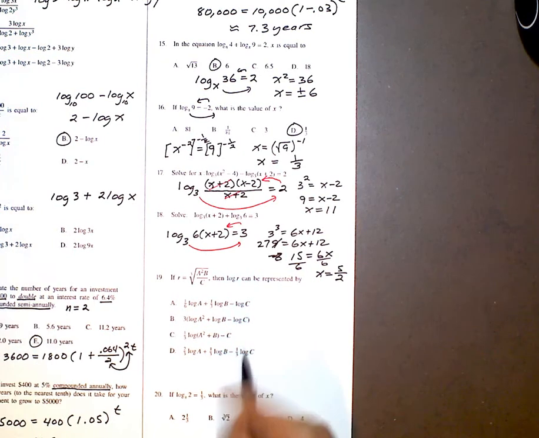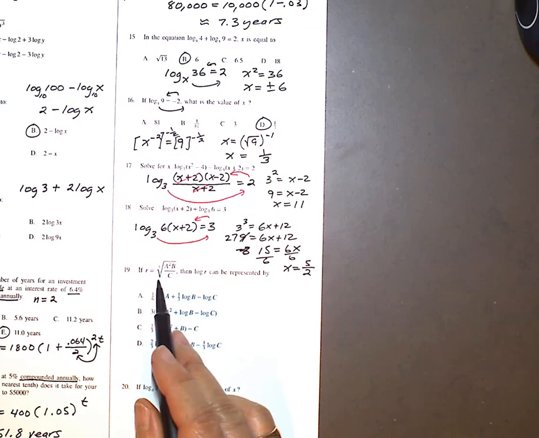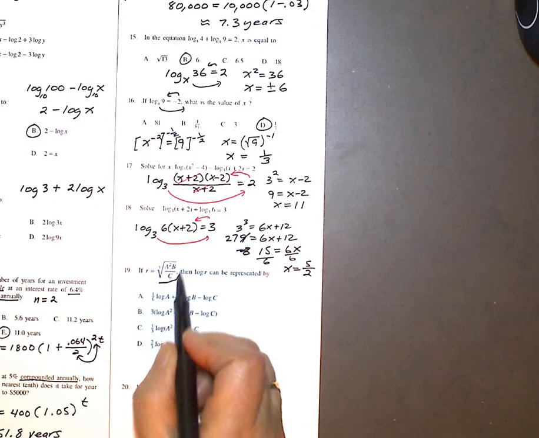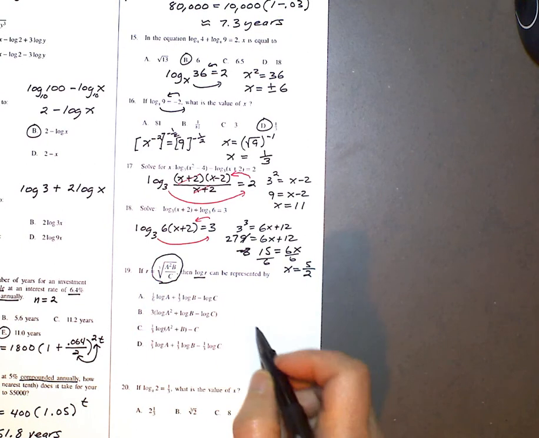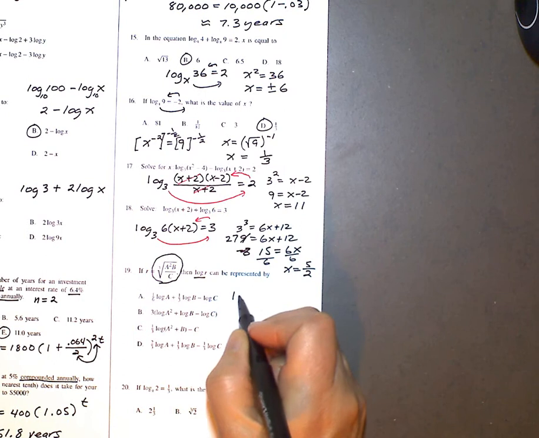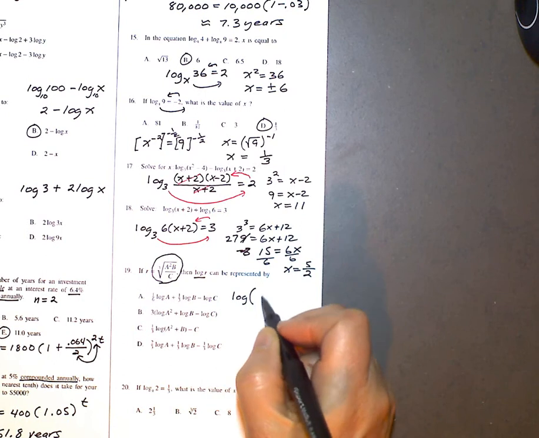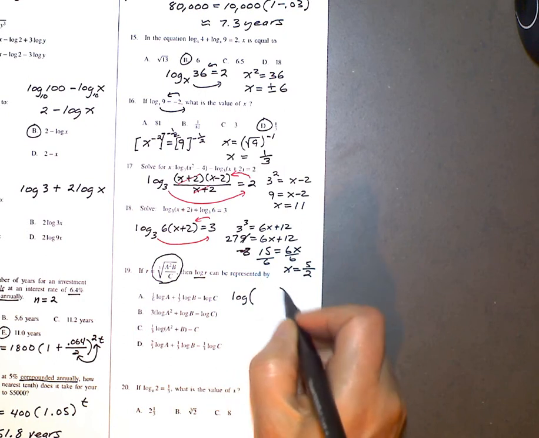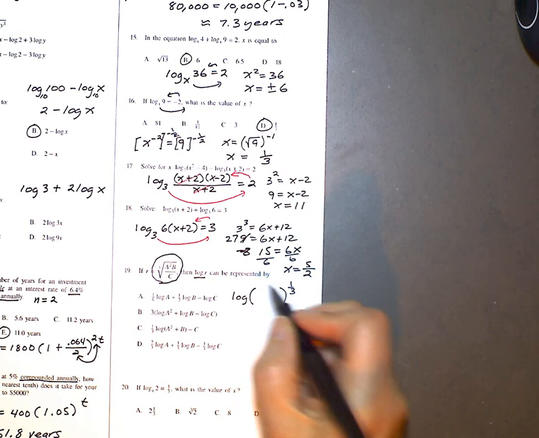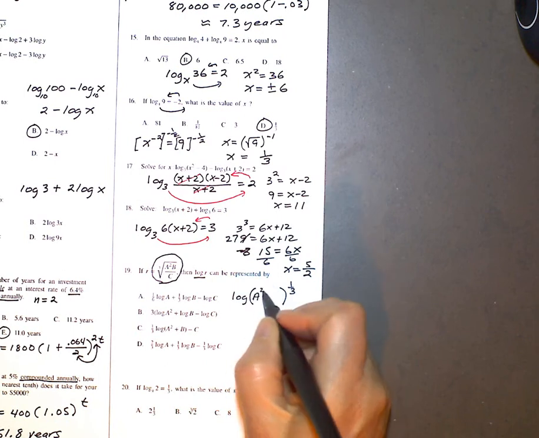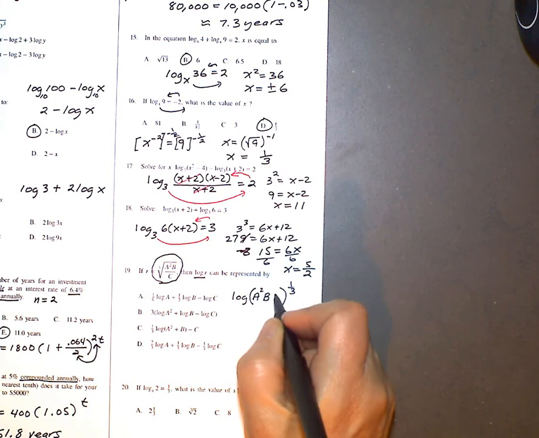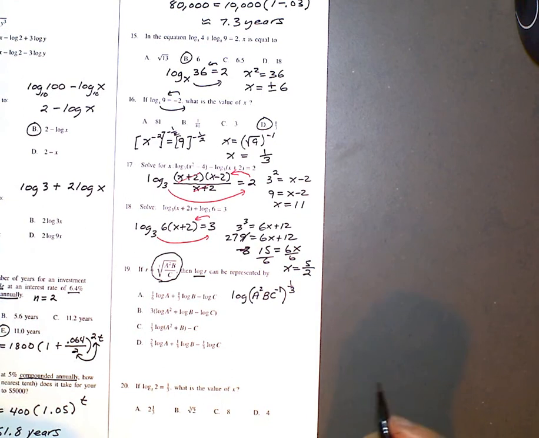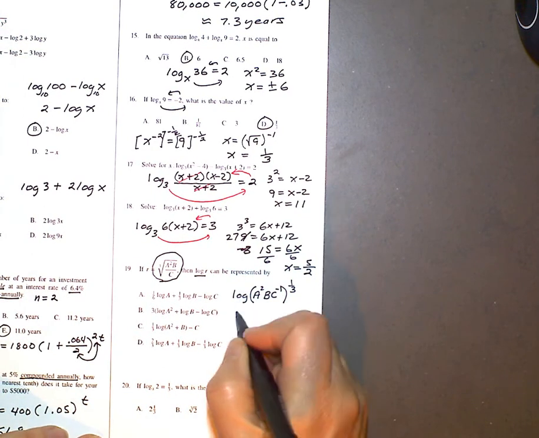Okay. Number 19, they said if this expression is r, find the log of r. So the log of this expression, let's just rewrite it first with an exponent of 1/3 since it's a cubic root. And this is a to the 2, b, and then c is in the denominator, so I'll call that c to the negative 1. So I can use the exponent rules here.